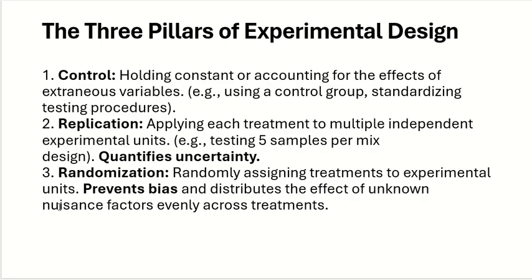Then the other pillar of experimental design is replication, and this is where the normal distribution comes into play, because with one sample of each type I cannot claim normal distribution.